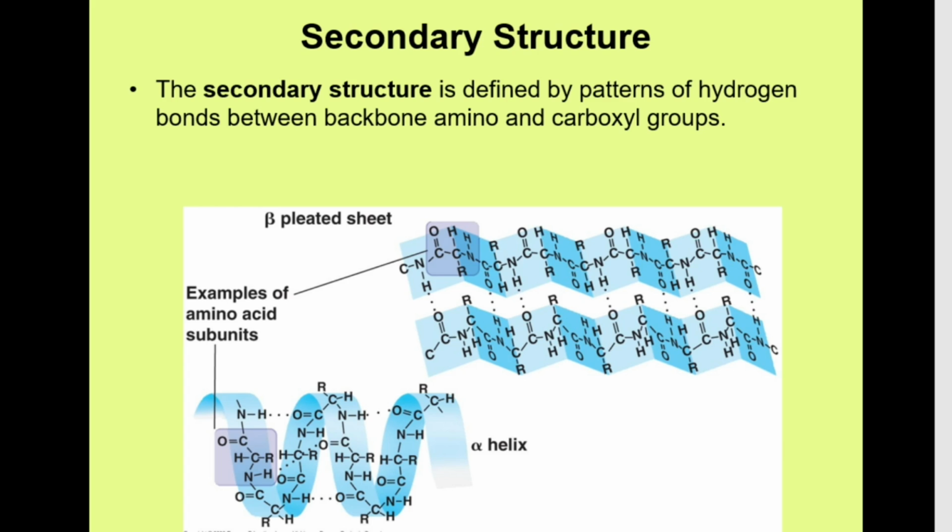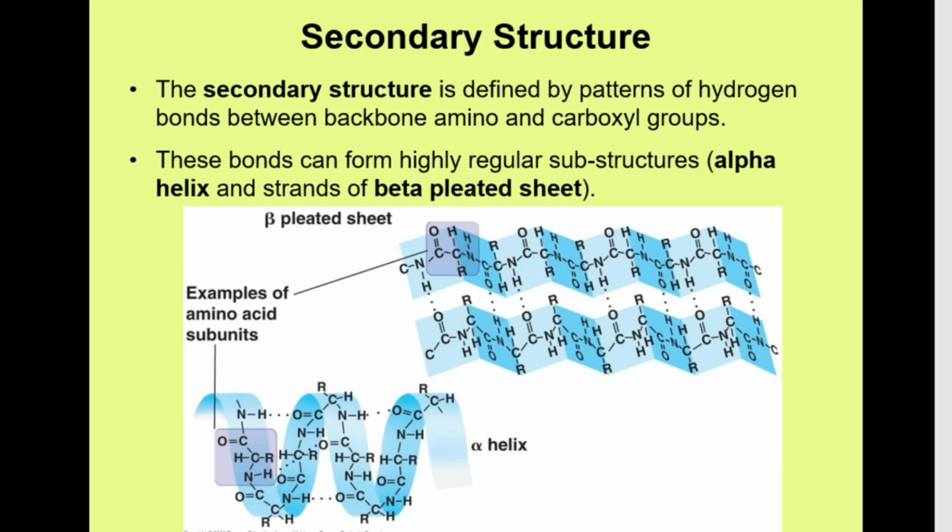And what we find is that when we get repeating patterns of these, we start to see two specific shapes emerge. And those two specific shapes you can see on the diagram here. When we get sections of parallel lines forming, this is where the polypeptide will start to fold back over itself, we get these hydrogen bonds that you can see here.